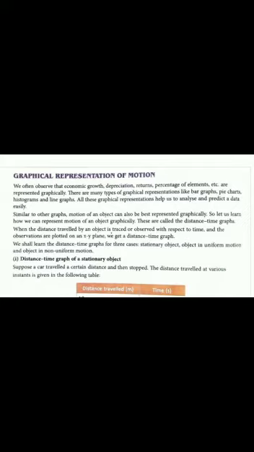Similar to other graphs, motion of an object can also be best represented graphically. So let us learn how we represent the motion of an object graphically. This is called a distance time graph, which means one axis is distance and the other is time, and we will also observe the speed.